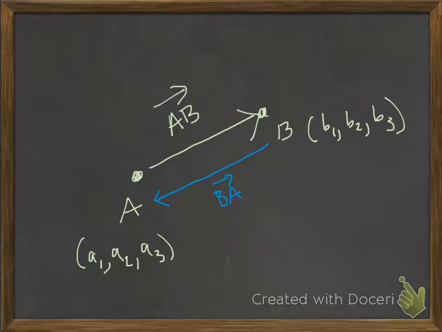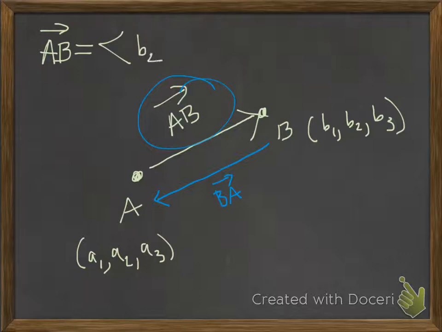Well, how do we determine that in terms of our components? Let's start with the vector AB. The way we're going to compute the vector AB is we are going to subtract the components, subtracting the A components from the B components. It would be b1 minus a1.